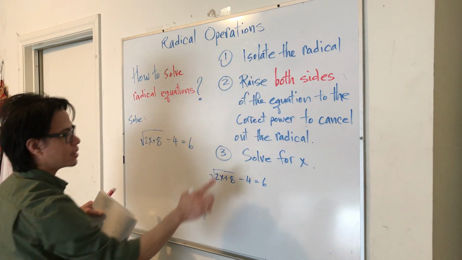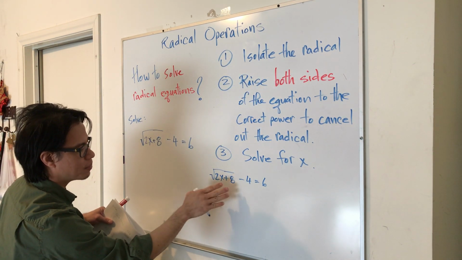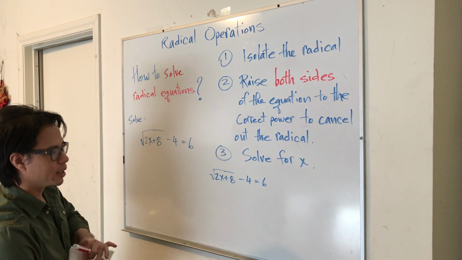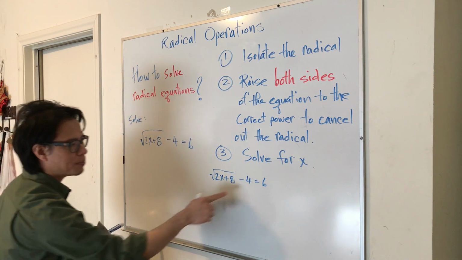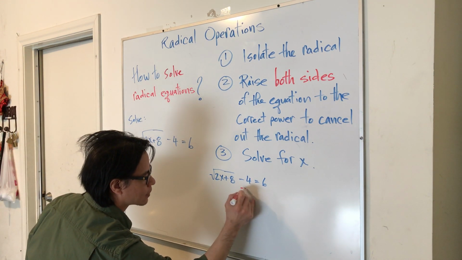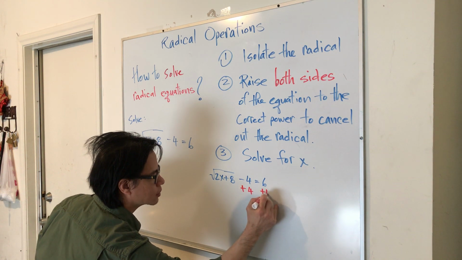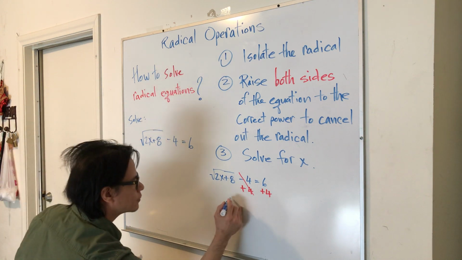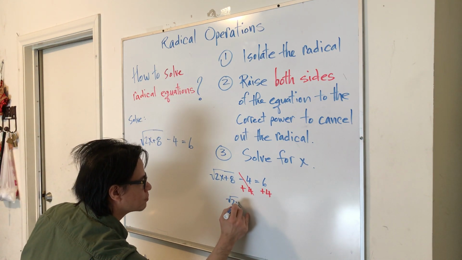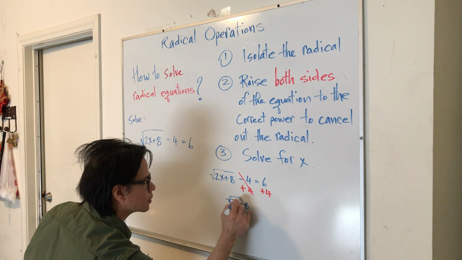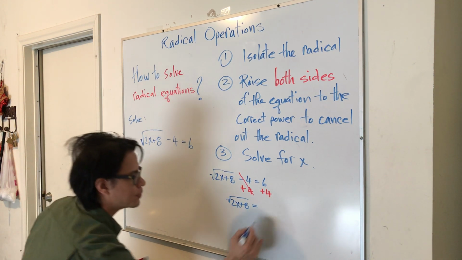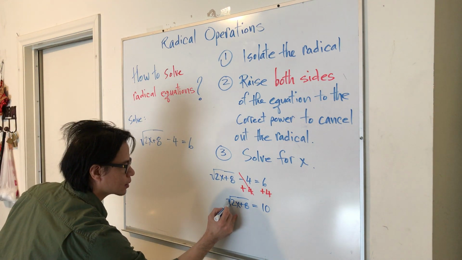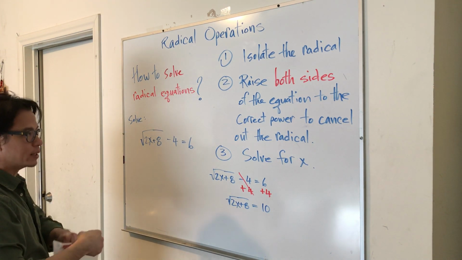Step 1, isolating the radical means to get the radical by itself. But here we have the minus 4 that's in the way. So let's get rid of that. What's the opposite of minus 4? If you say plus 4, you are correct. So this cancels out. You have square root of 2x plus 8 equals 6 plus 4. Okay. So that's step 1.